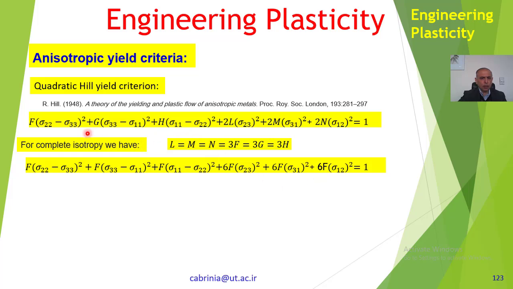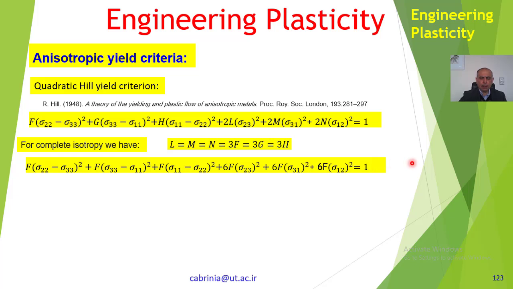You can put this L, M, N here. We can put all of these equal to 3F. L equal to 3F, M equal to 3F, N equal to 3F. And here we got F, so we put G equal to F and H equal to F. So we get this equation.